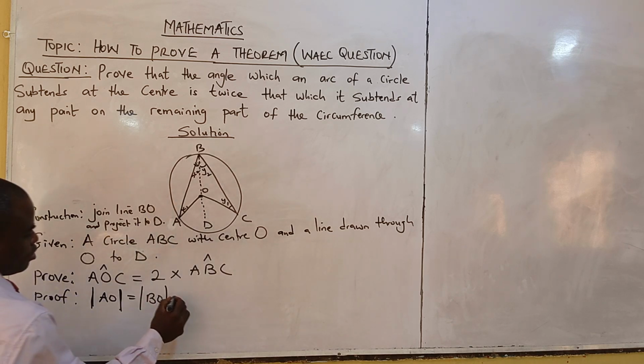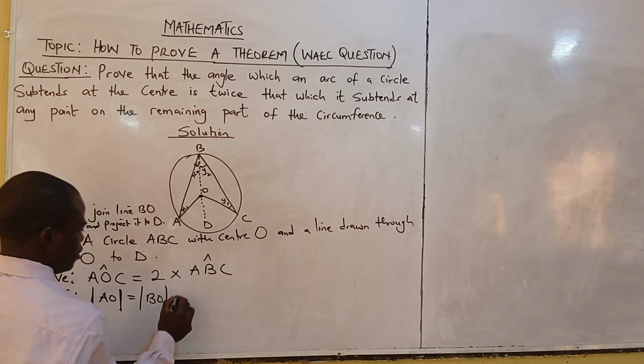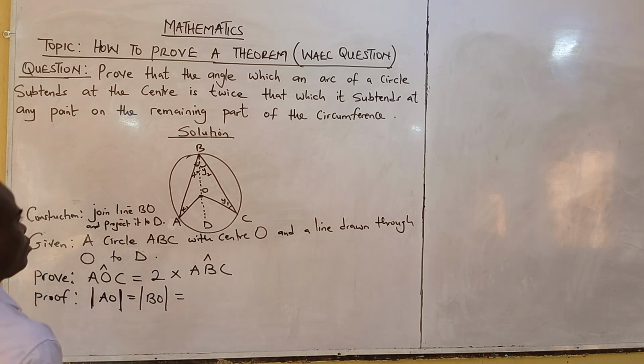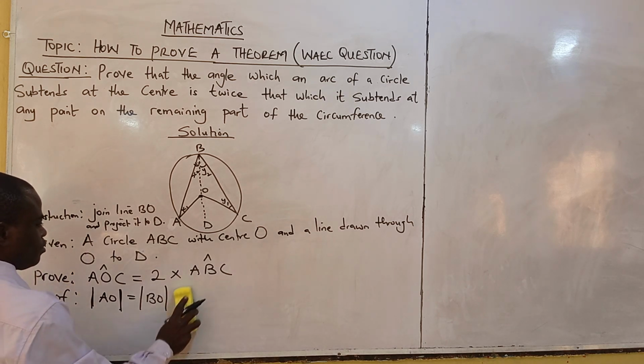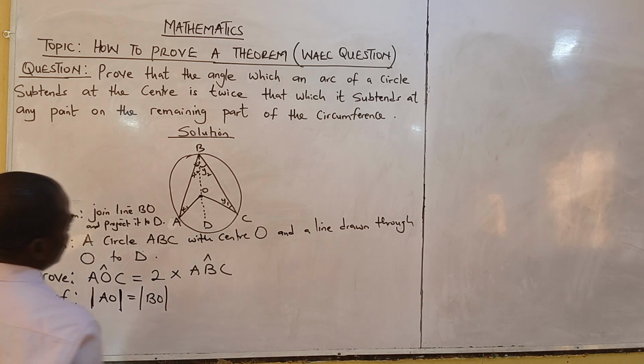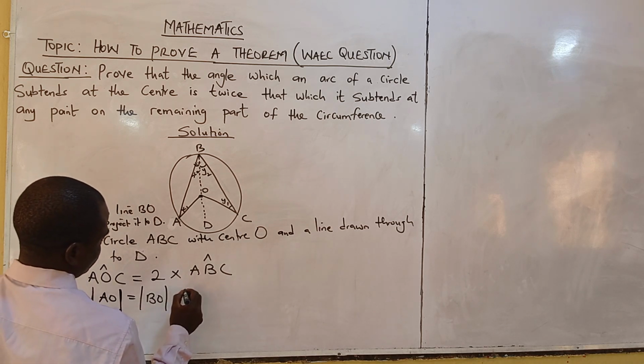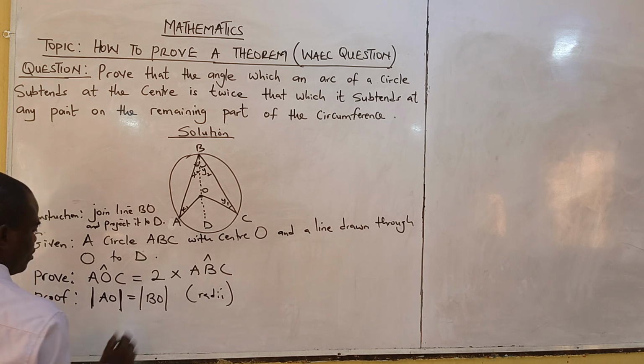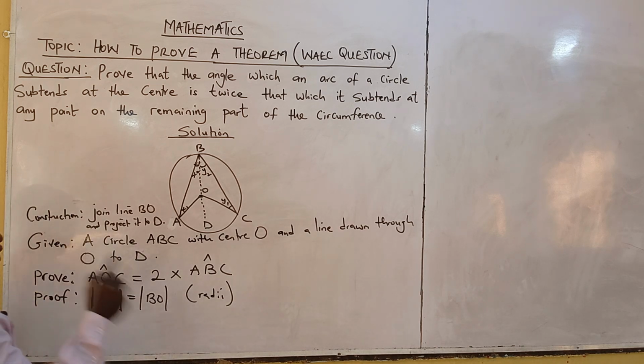That's why they are equal. What is the reason? That they are radii. Radius is 1. Since there are 2, we put radii.